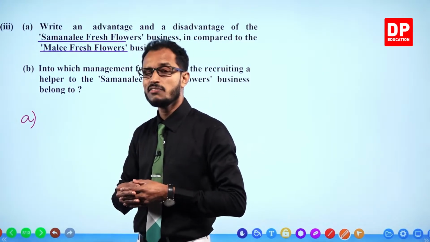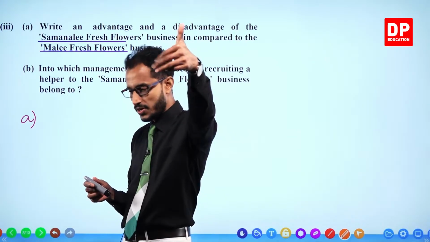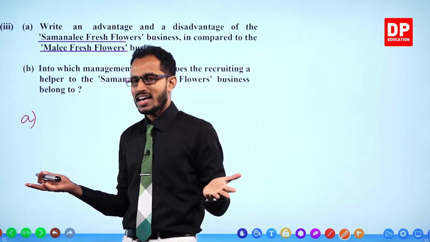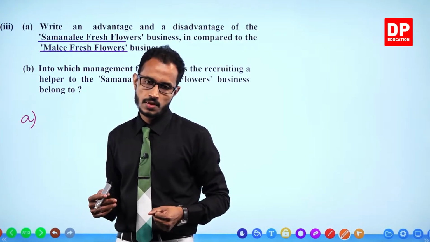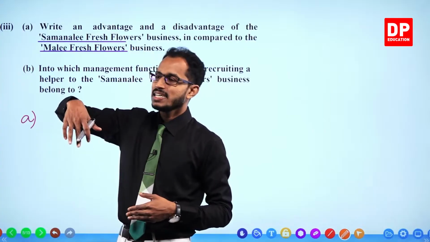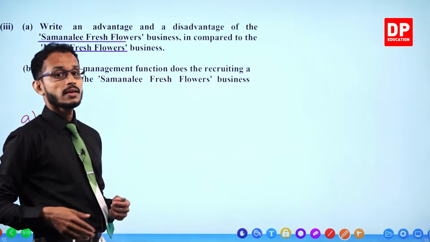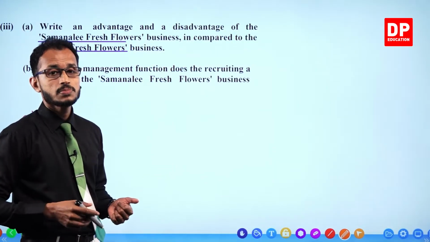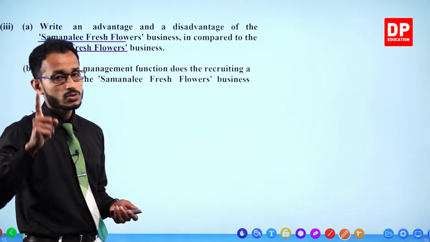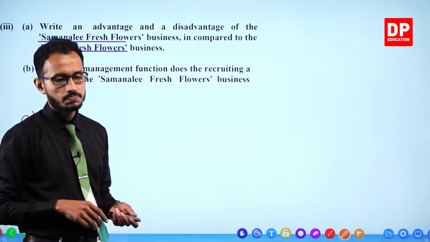One advantage. That's right. Very good. Access to a higher capital, or can raise a higher capital. Why? In a sole tradership, only one owner is there to put capital.